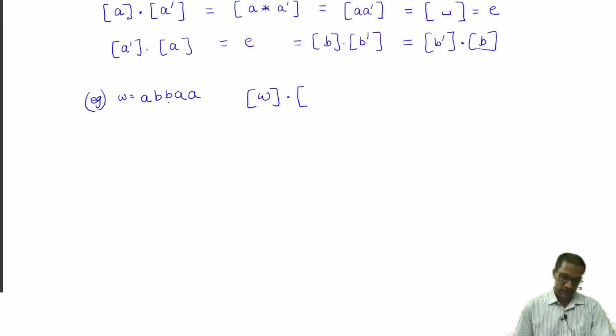You just look at this string of letters and read them in reverse. When you read them in reverse, you change all the A's to A primes and B's to B primes.